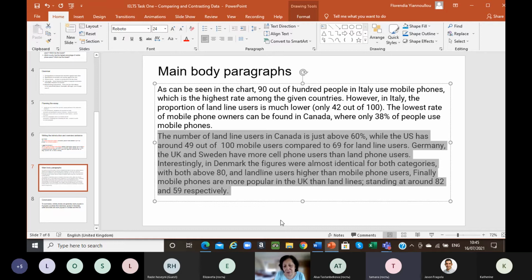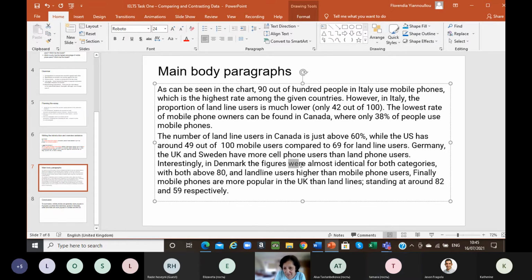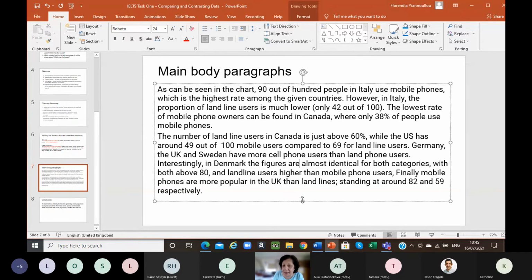Okay, now if we look at this, I deliberately put a past tense there. You might find that when you're writing in the exam, you might accidentally put it in the past tense, and then you think, oh my God, I need to correct that. So remember what I said to you at the beginning, that you're using the present tense here.